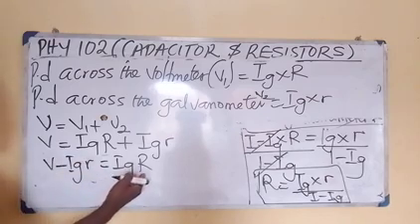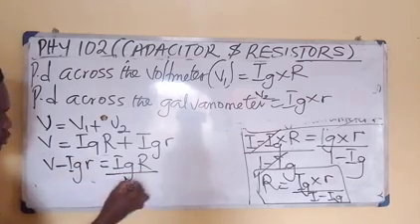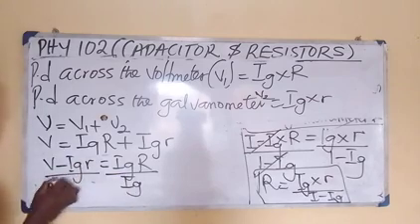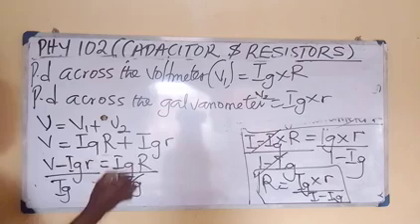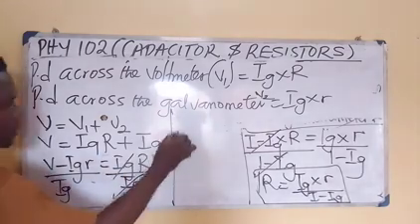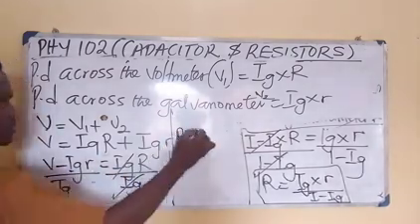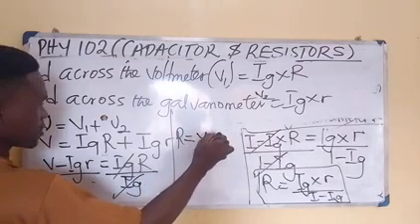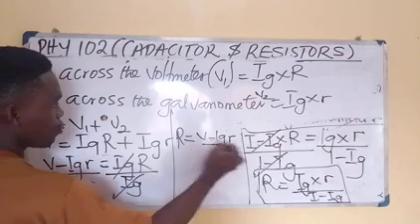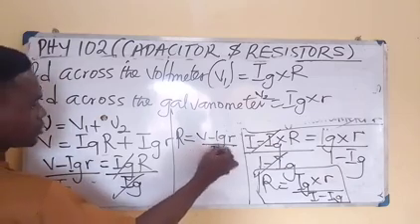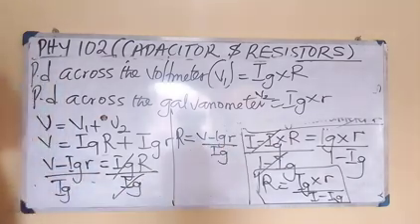Because I'm making R stand alone, I'll divide through by Ig. So this will go into this. Then R becomes V minus Ig R over Ig. But this is not simplified enough.